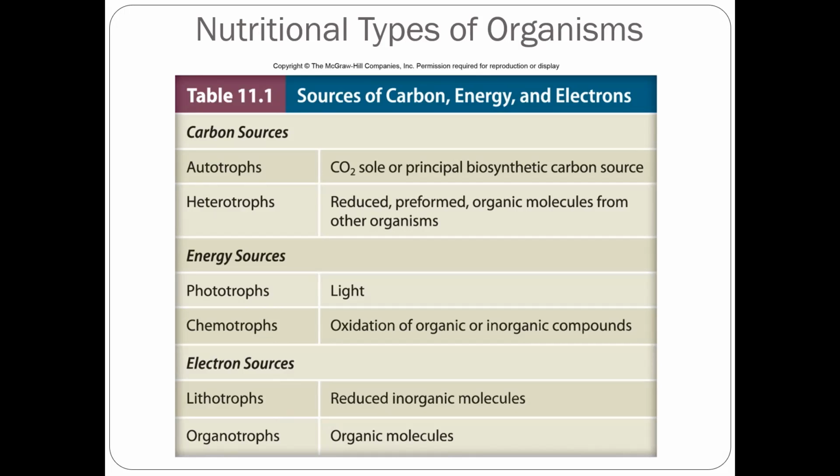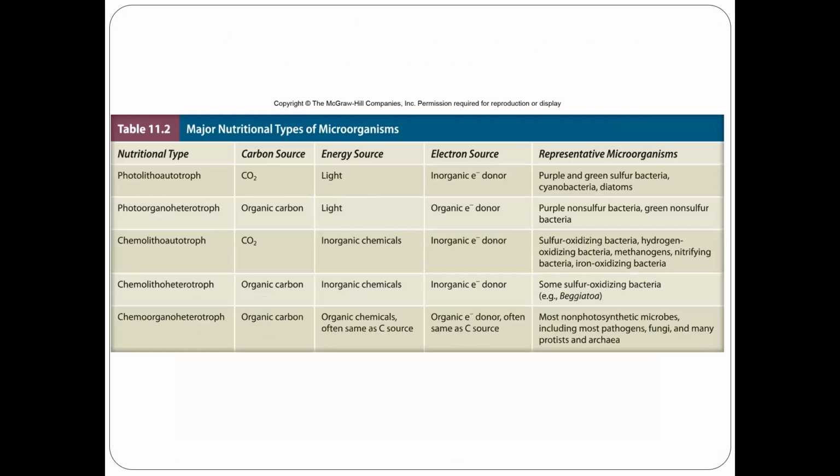Based on the electron sources, some bacteria use reduced inorganic molecules, we call them lithotrophs, and others use organic molecules, we call them organotrophs. You need to know all the microorganisms are a combination of these three resources. Therefore, you get this table.